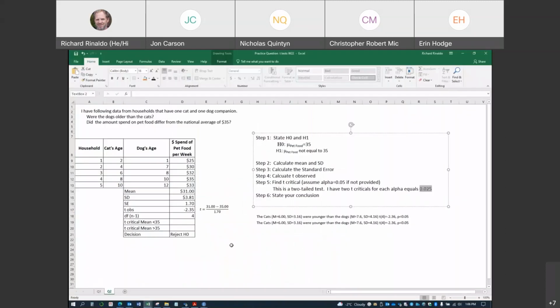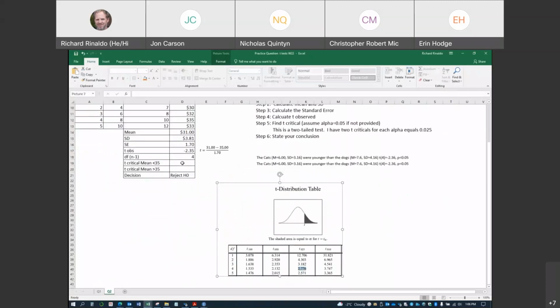So my T critical for 4 degrees of freedom for the alternate hypothesis mu less than 35 is equal to minus 2.776, and then plus 2.776 for the other alternate hypothesis, because it's two-tailed.